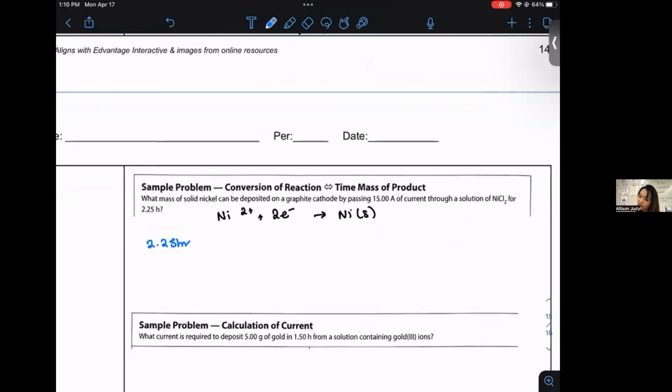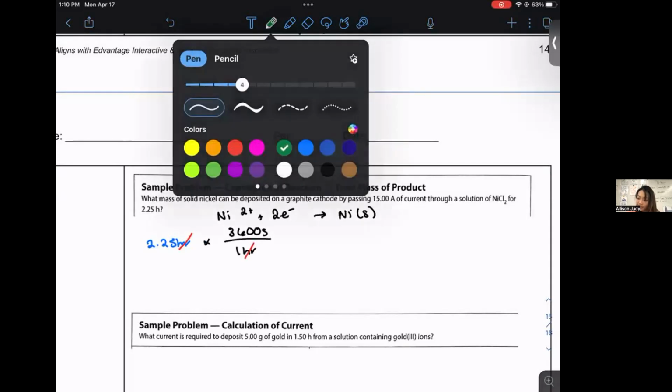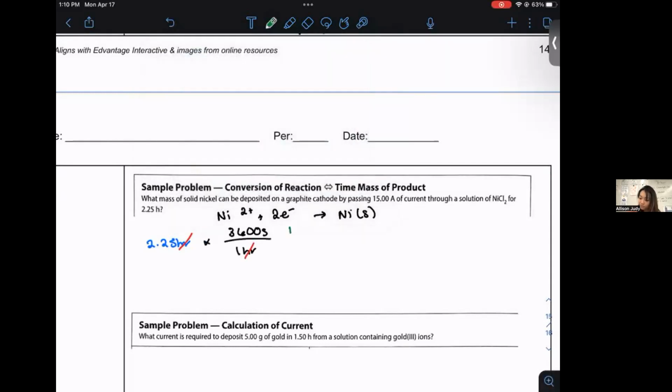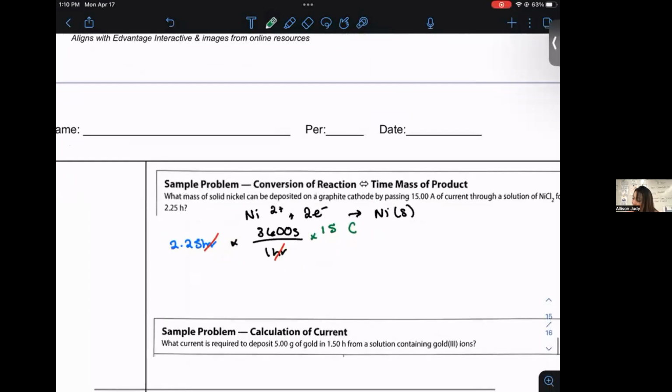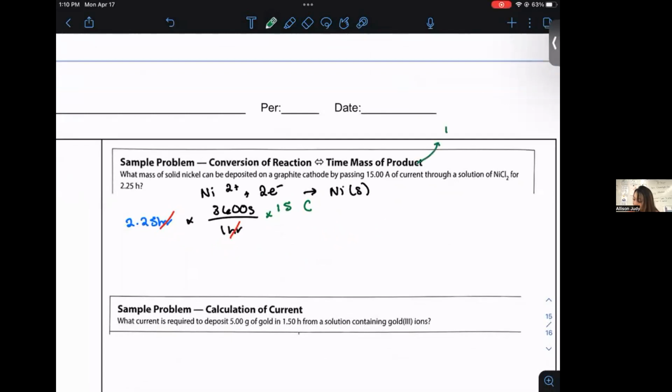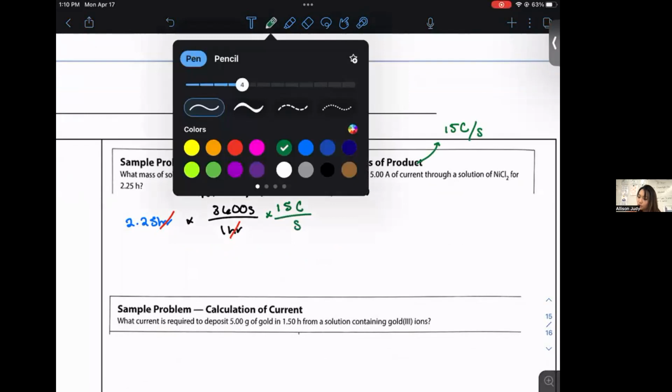So I do 2.25 hours times 3,600 seconds per hour. I cancel out my hours and now I'm left in seconds. Once I'm in seconds, I can say 15 amps is like saying 15 coulombs per second. I cancel out my seconds and I'm left in coulombs.